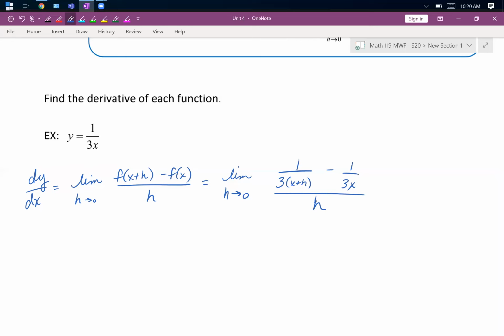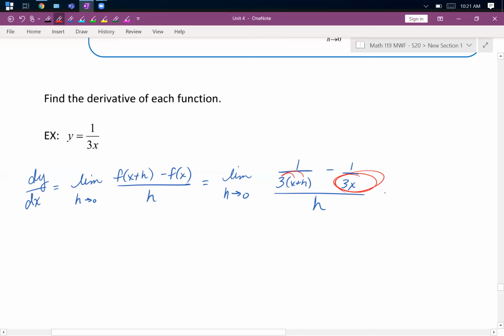This is very similar to the last one we did because it's rational. So every time we have a rational, we multiply each one of the terms by the LCD of all the individual terms. What's our LCD going to be this time? Three x plus 3h. You're super close. What you did was you just distributed this right here, right? Now don't forget to look at this denominator.